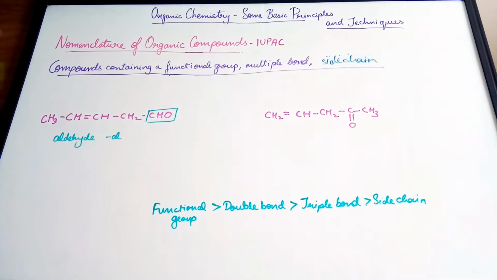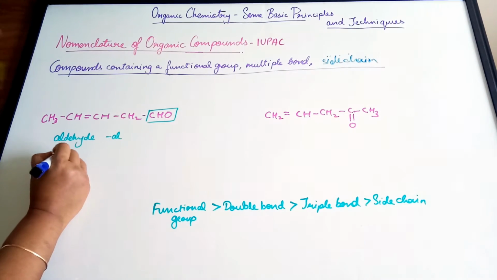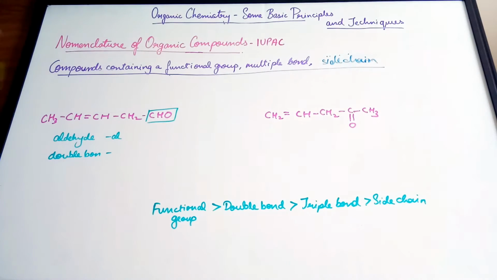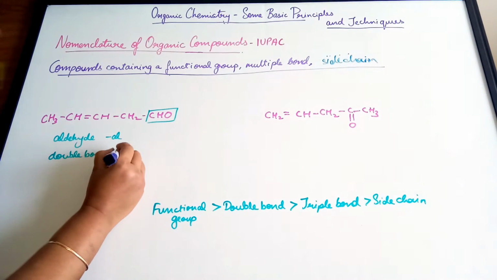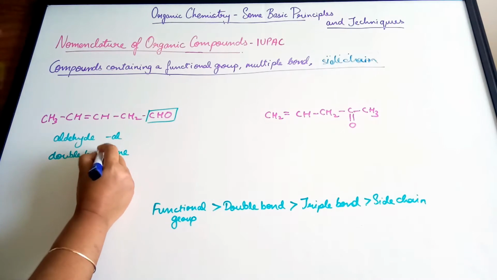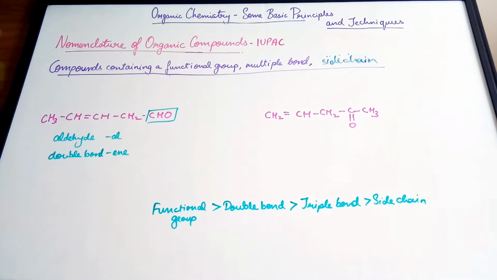The double bond indicates its suffix is going to be "-ene". If you remember, we discussed a primary and a secondary suffix. The primary suffix gives us the information of the presence of double or triple bonds, whereas the secondary suffix talks about the functional group. So aldehyde -al, double bond -ene.